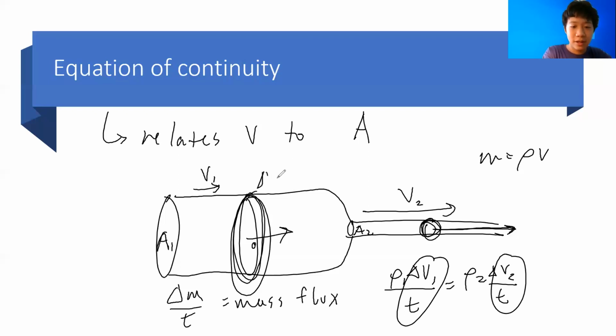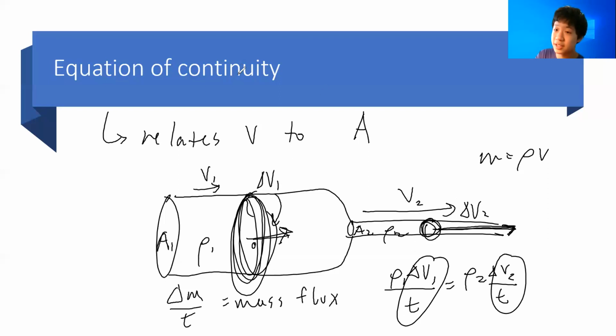Let's say delta V1 is right here. Delta V1 is the amount of volume going through this point per time, and delta V2 is the amount of volume that goes through that point per unit time. We multiply that by rho 1 and rho 2 respectively, the densities in each section of pipe.